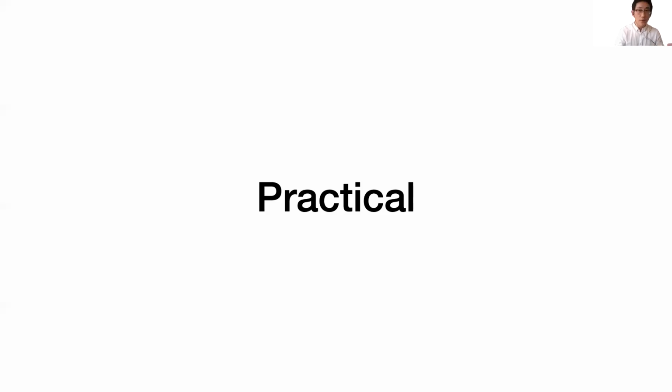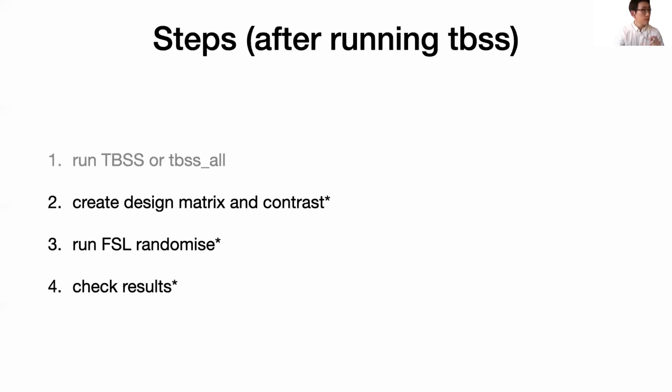So I have a practical that we can run together. This step, you've done it with Tashiv last time: running TBSS using the TBSS piano script, which uses ANTs and normally the ENIGMA template. What comes next is you need to create the design matrix and the contrast for the statistical testing that you want to do.